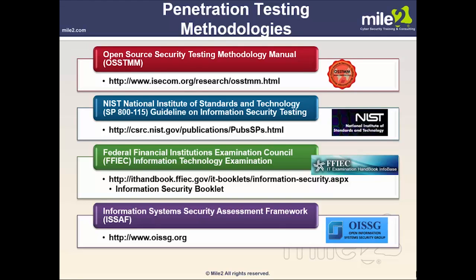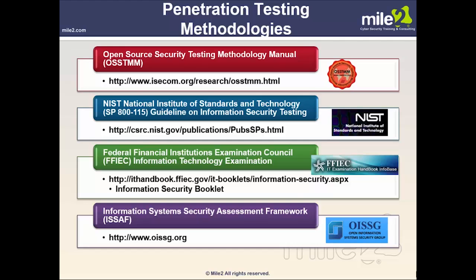NIST, the National Institute of Standards and Technology. This is going to be coming off of the SP 800-115, which is the Guide on Information Security Testing, which can be found at csrc.nist.gov/publications/pubsps.html. Again, I also highly recommend you at least take a peek at that. Then we have the FFIEC, which is your Federal Financial Institutions Examination Council, with an Information Technology Examination.